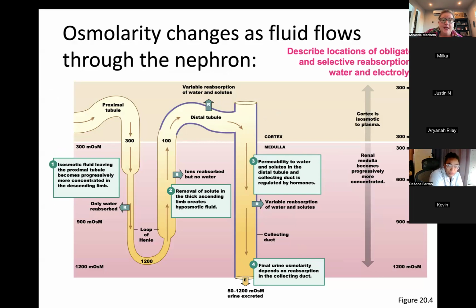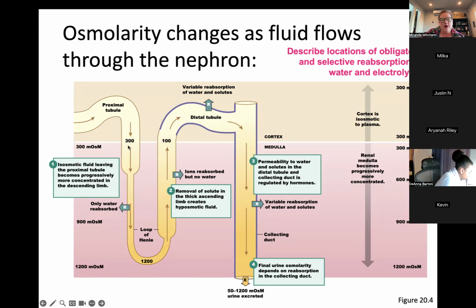So now we can see the tubule with the concentrations of osmolarity as it changes throughout moving through the nephron. And that's because of what material is absorbed, reabsorbed where along the nephron. So we have our filtrate coming into the proximal tubule, and it has the same osmolarity as plasma. And that matches the location in the kidney where most of these tubules are located.